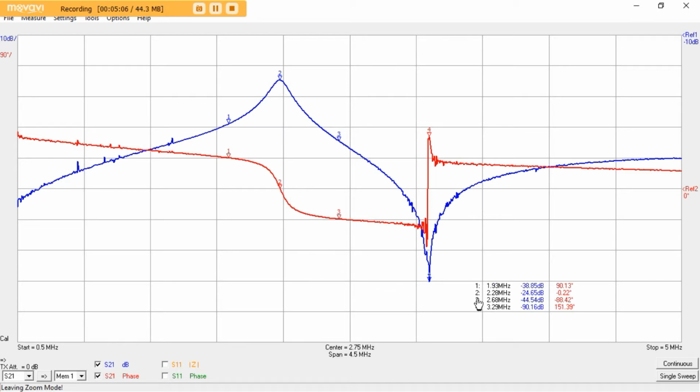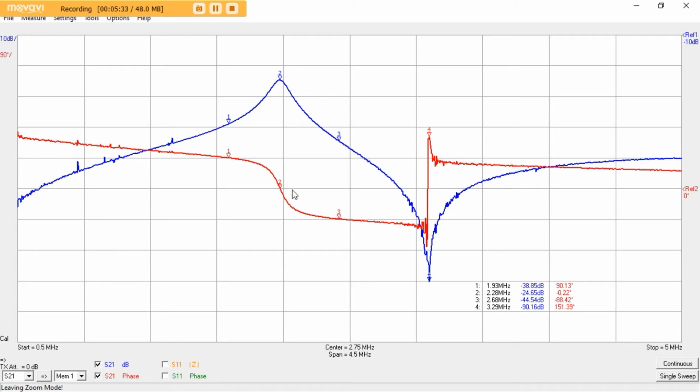That corresponds to, again, 2.28 megacycles. There's an associated phase change with that as well. At marker 2, it's minus 24.65 dB, so an insertion loss of almost 25 decibels.